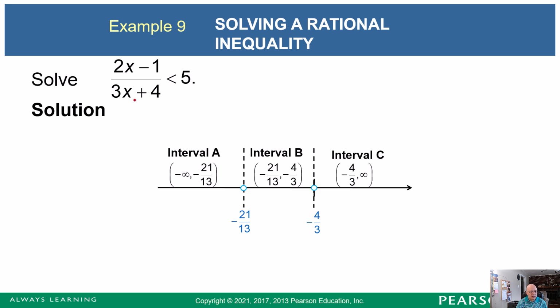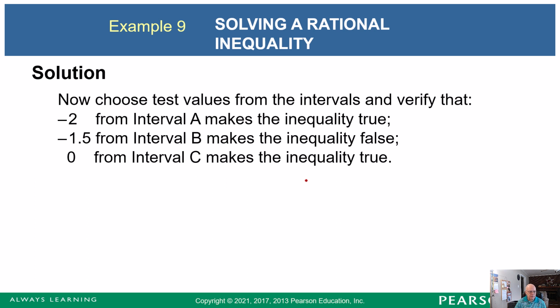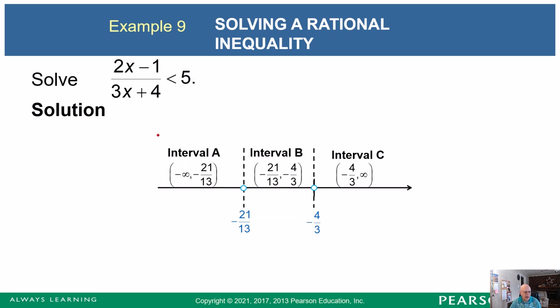And there we go. The 21 over 13 was on the left side, and because that came from the denominator, it's not included. The negative 4/3 isn't included. Now, which interval are we going to use? Negative 2 from interval A. That's pretty simple.